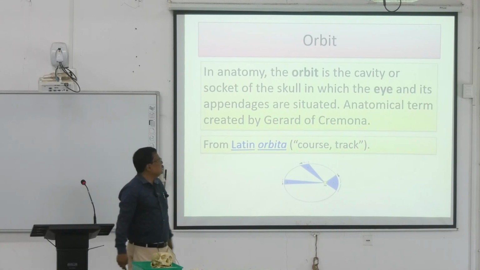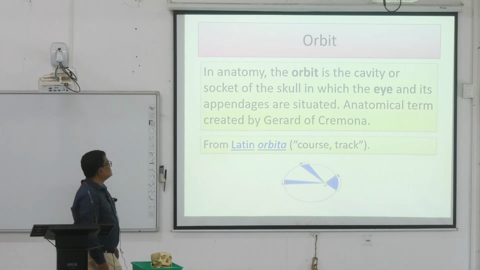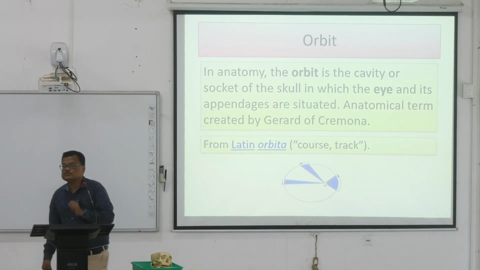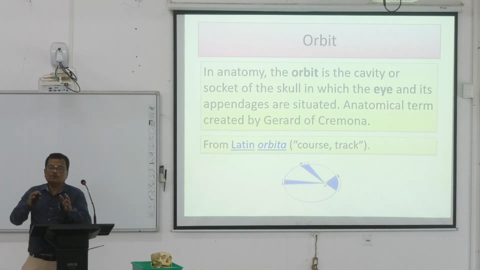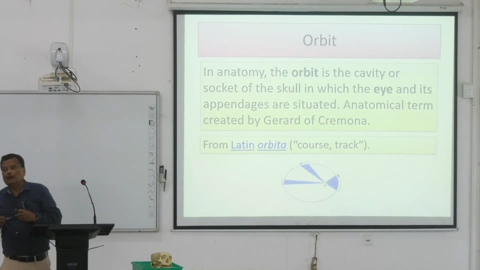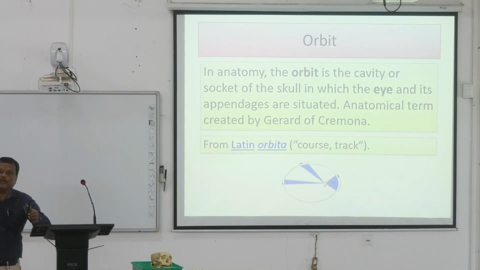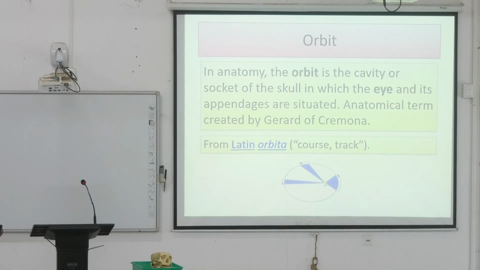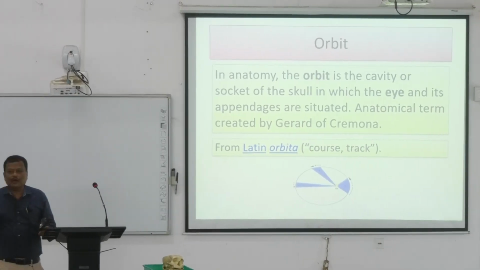So in anatomy, the orbit is the cavity or socket of the skull in which the eye and its appendages are situated. What does that mean? By eye we understand. Appendages mean not only the eye in the orbit; there are so many other structures which help in the movement and in vision, and we call them appendages: the lacrimal gland, fascia, nerves, fat.